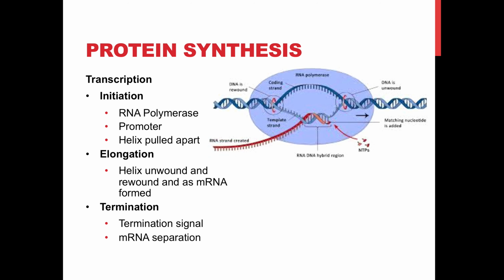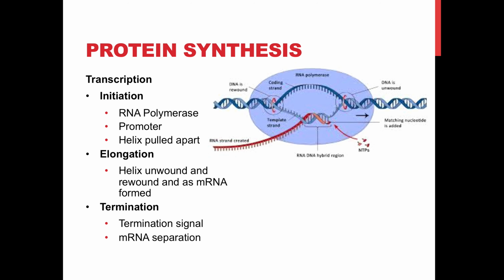Step 2, elongation. Using incoming RNA nucleotides as substrate, the RNA polymerase attaches them with complementary DNA bases on the template strand and then links them together. As RNA polymerase elongates the mRNA strand one base at a time, it unwinds the DNA helix in front of it and rewinds the helix behind it.